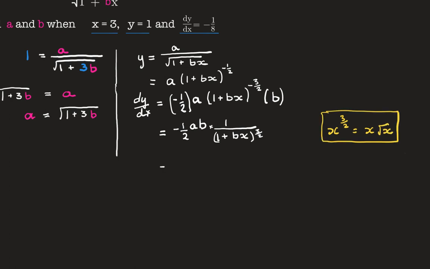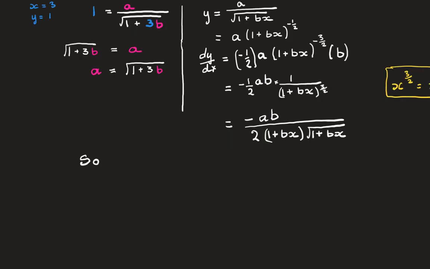This means that I can now rewrite this as minus ab over 2, and then I'll say (1 plus bx) and the root of 1 plus bx.